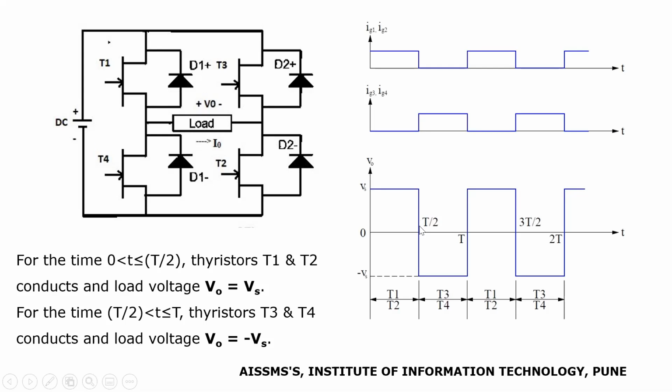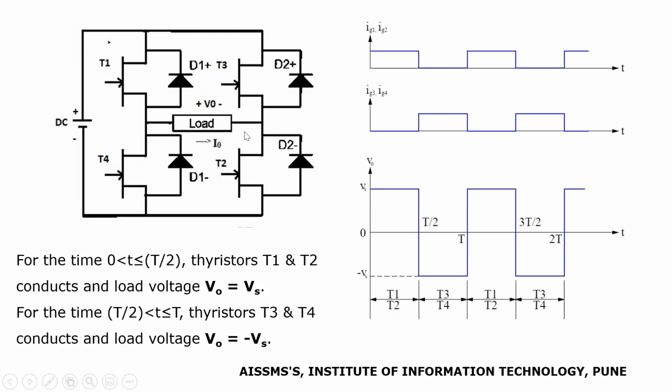Now at instant T by 2, switches T1 and T2 are commutated, and at the same time a triggering pulse is applied to switches T3 and T4. With this, T3 and T4 get turned on and the load gets connected to the source through T3 and T4. Now current starts flowing from the source through T3, load, T4, back towards the source.